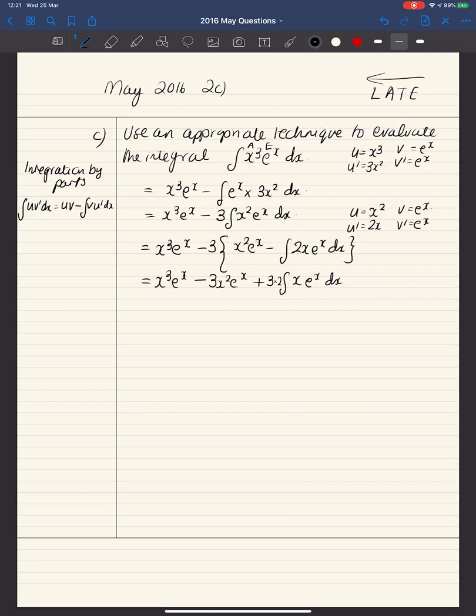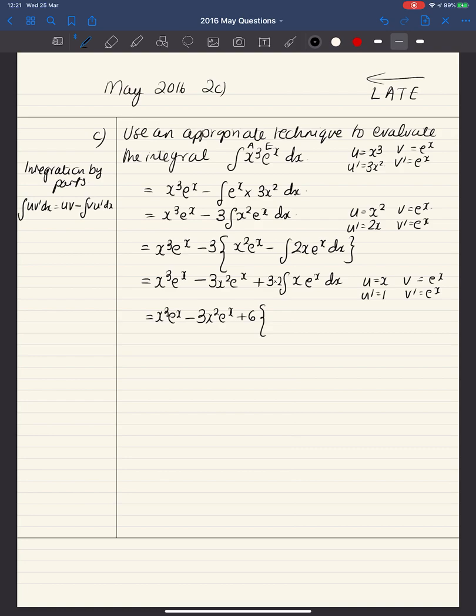So I've got another integration by parts. So u is x, therefore u dashed is 1, v dashed is e to the x, v is also e to the x. This is x cubed e to the x minus 3x squared e to the x plus 6.